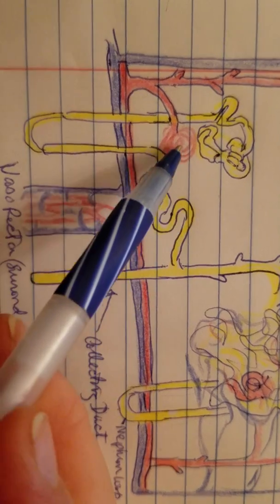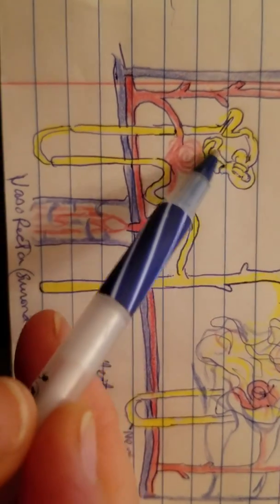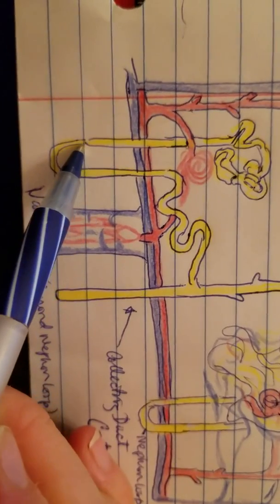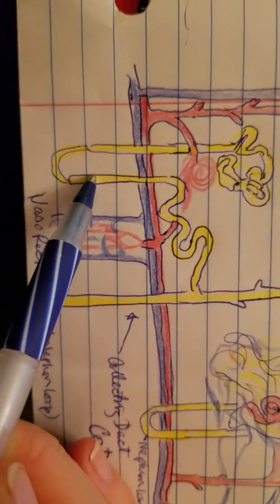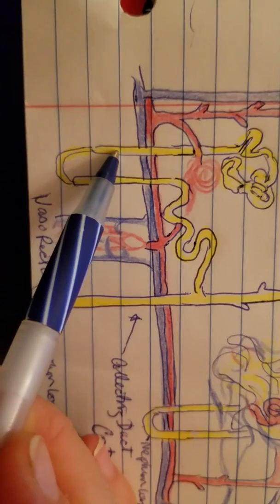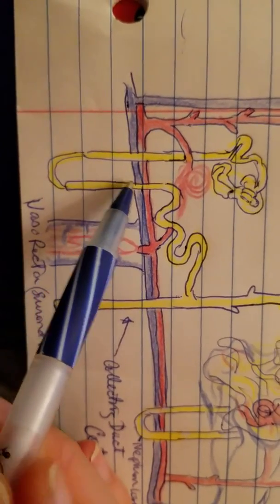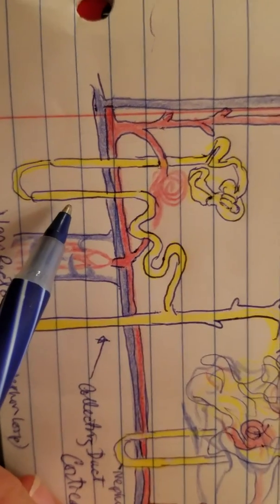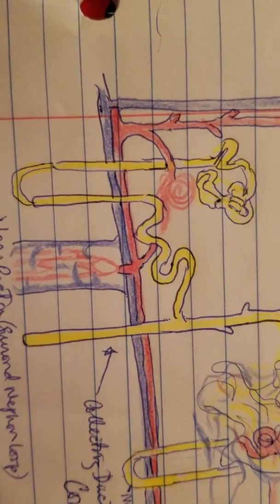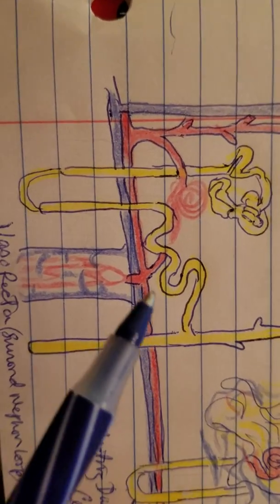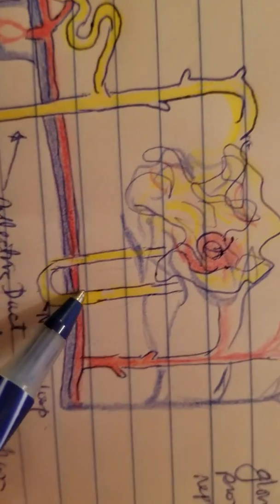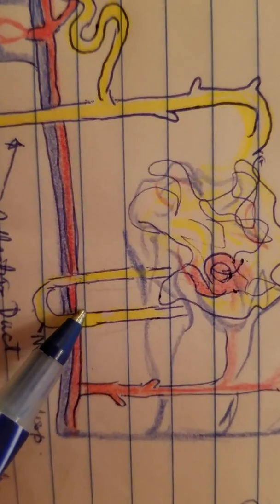Okay, so glomerulus, the PCT, and then the loop of Henle, or the nephron loop, comes down, and that's responsible for the conservation and the concentration of fluid in the body.